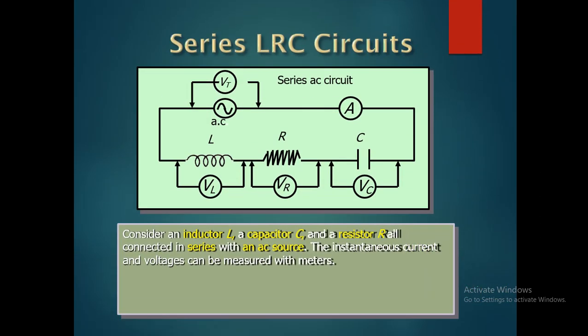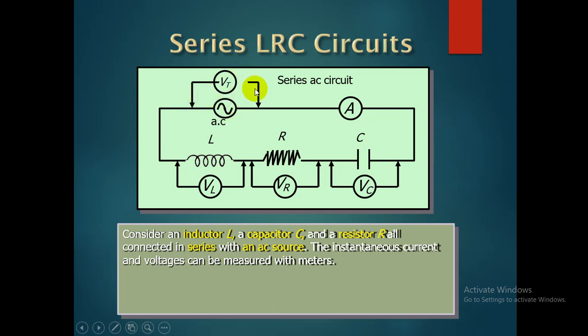Now, so far we discussed R, L and C separately, one by one. Now we are connecting all together in one circuit in series, like this. This is resistance, inductance, capacitance, and there we have one AC source.